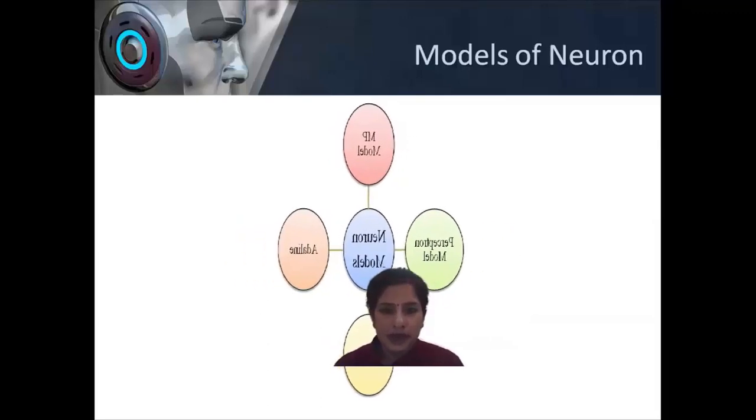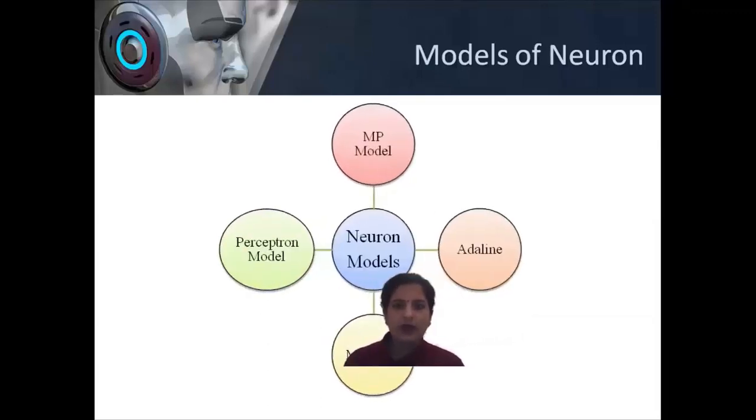We had talked briefly about models of the neurons. As I told you, there are four models of the neuron. The MP model was the oldest, given by McCulloch and Pitts, two scientists, in 1943. So this was the first model to be introduced.